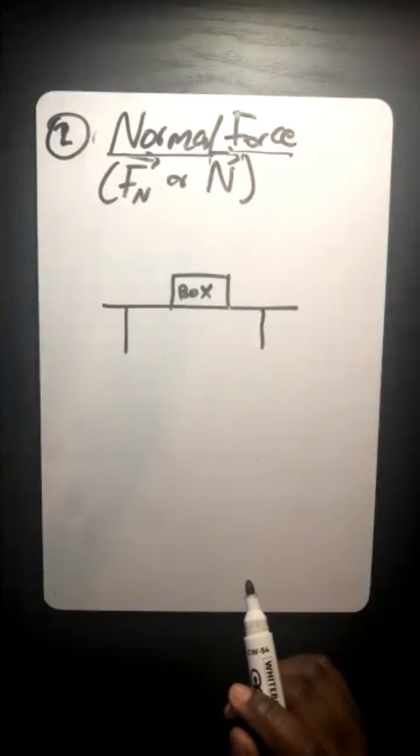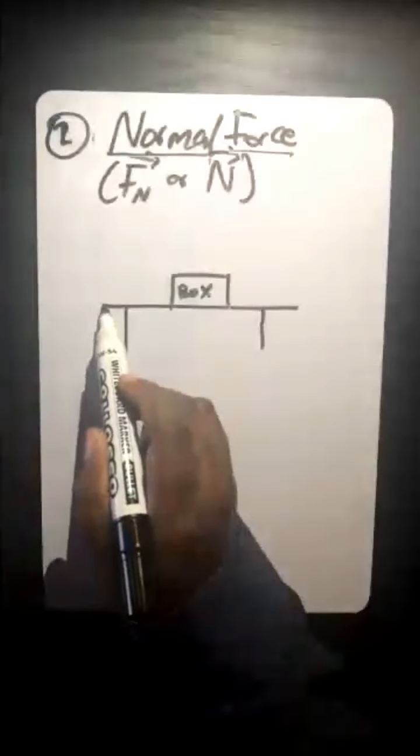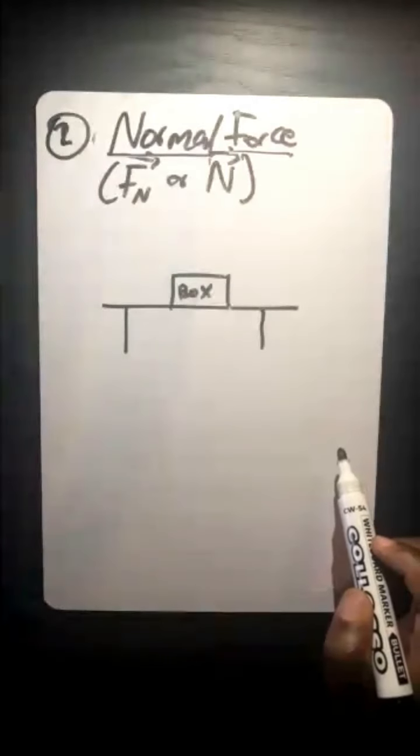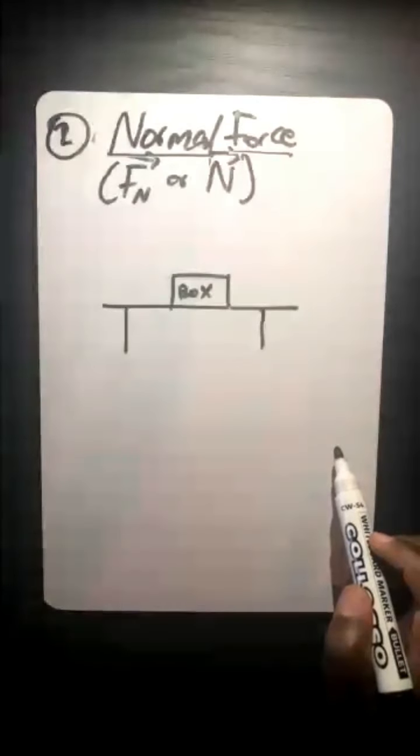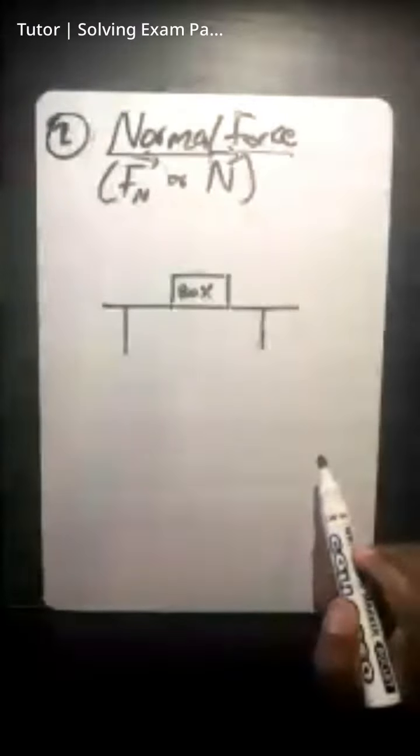So this type of force that is being exerted by the surface is called a normal force. It is a contact force that acts at a right angle upwards from the surface.